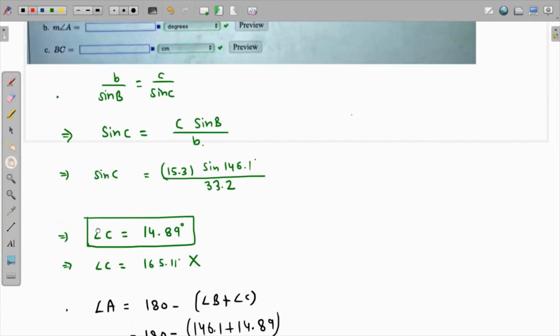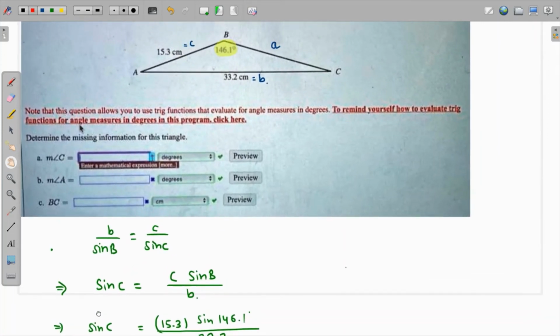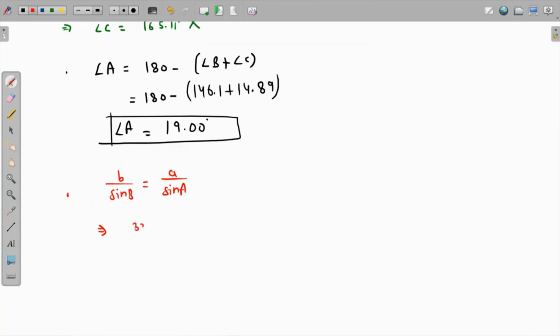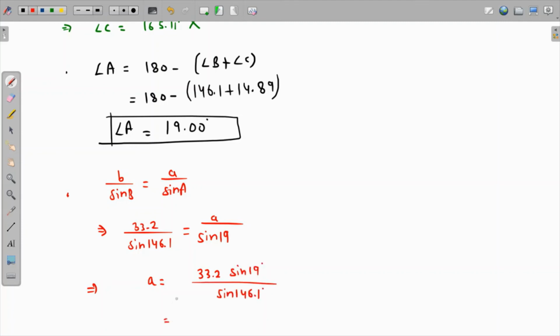Side B is 33.2. 33.2 over sine of B, which is 146.1, is A is the unknown quantity and angle A is 19. So a little bit of rearrangement will give us A is equal to 33.2 times sine of 19 degrees over sine of 146.1 degrees. So this value is coming as sine of 19 times 33.2 over sine of 146.1.